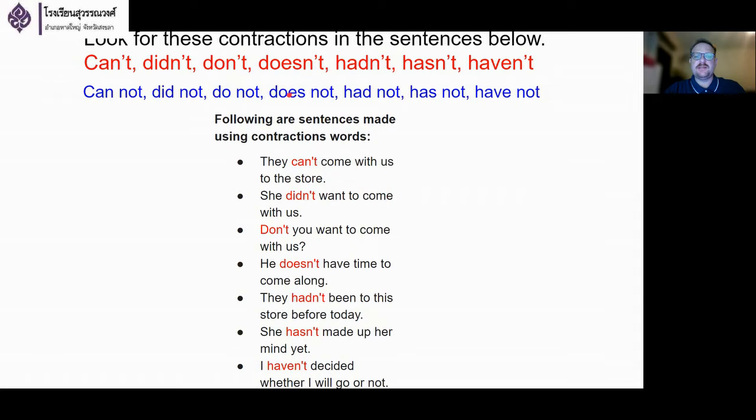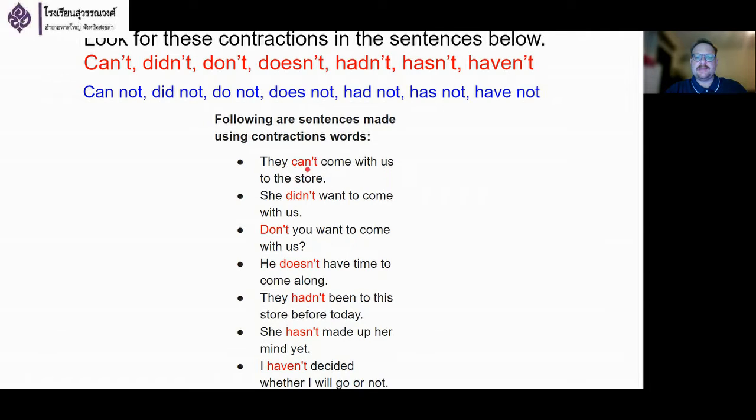Doesn't used to be does not. Hadn't, had not. Hasn't, has not. Haven't, have not. So here are the following sentences made using contractions.